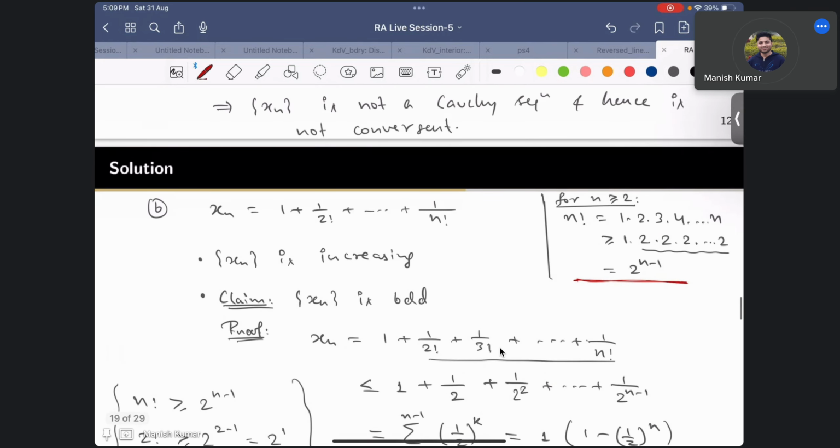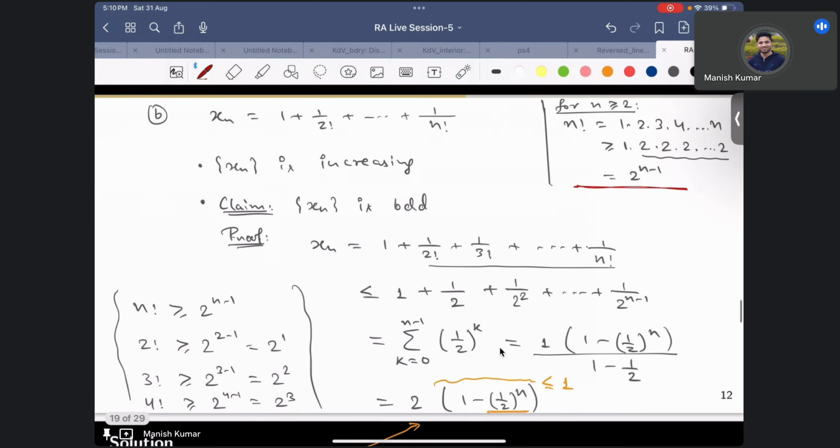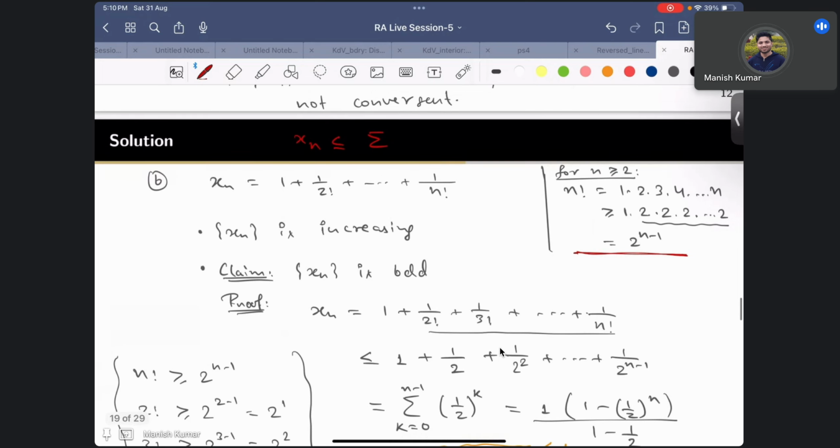So in other words, what you can say is xn is less than or equal to, so where did I show, so this part, right? So xn was less than or equal to the summation of 1/2^k, k equals 0 to n minus 1.